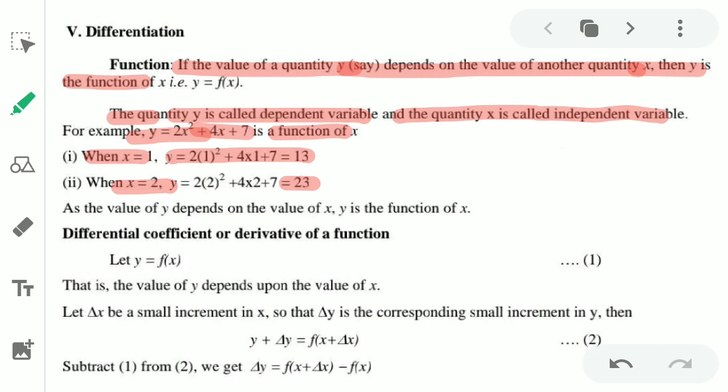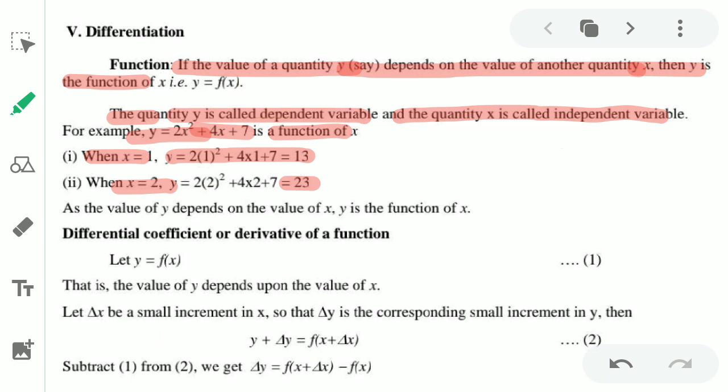It means if the value of x varies continuously, the value of y also varies. When x equal to 1, the value of y is 13. When x equal to 2, the value of y is 23. It means y depends on x.